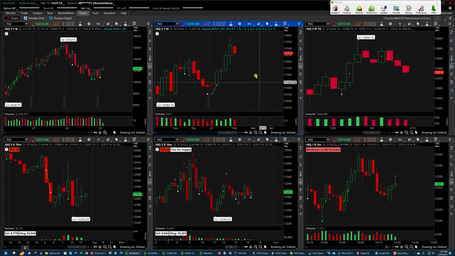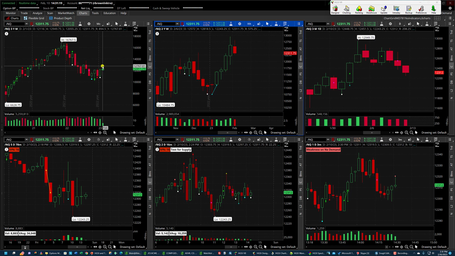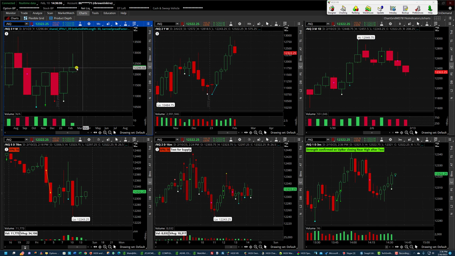Now here's the weekly. The weekly doesn't look too bad because we've had this long run up here, and the monthly chart is still trending up, but now you can see there's the upper wick on the monthly chart, which is, let's see, what's the date on that?